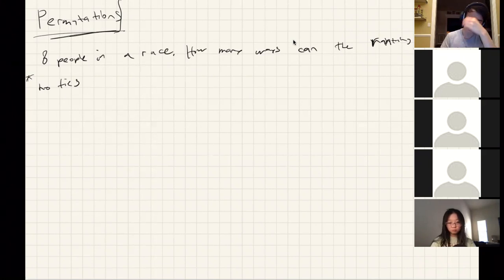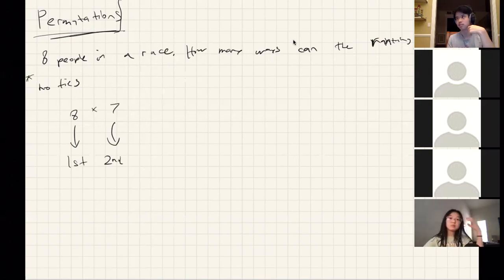If you know anything about combinatorics, then this problem is very easy. First you decide the person who wins first: there are 8 ways to decide that. Then there are 7 ways to pick the person who gets second, since you just choose out of the 7 people that you have left.